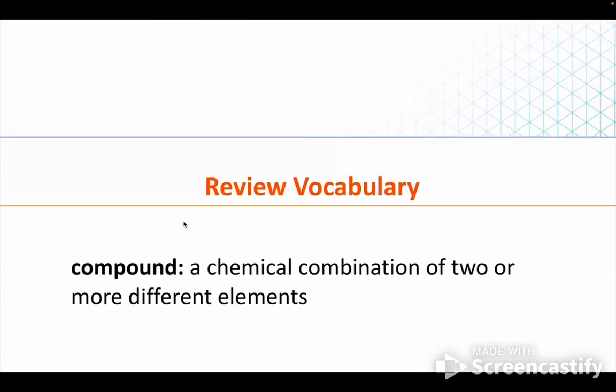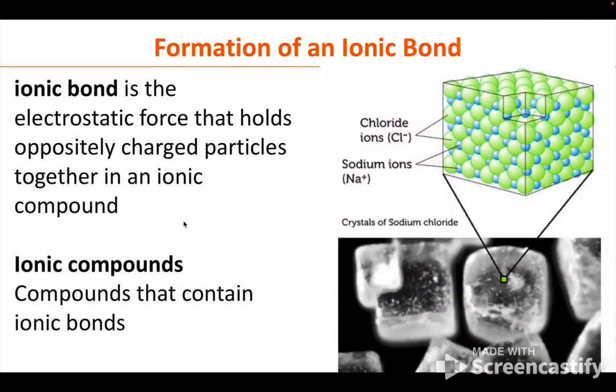So ionic bonds, we've talked about this a little bit. If you remember our lab that we did about the differences between ionic bonds and covalent bonds, they are just kind of repeating over and over. Like here, the green are the chloride ions, the blue are the sodium ions.